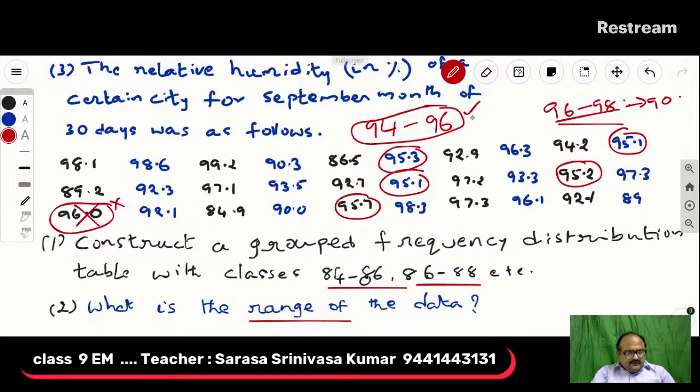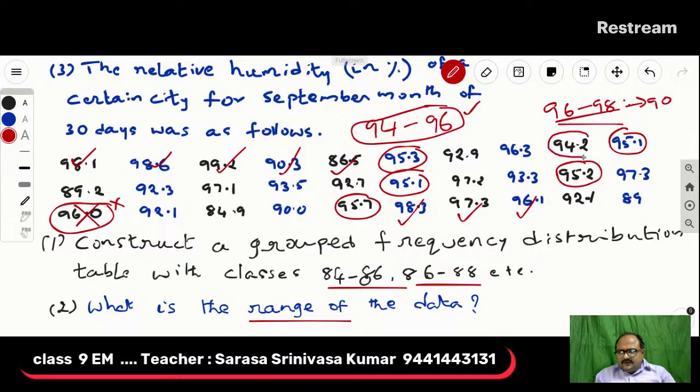Let us verify this again. 94 to 96. This is verified. Verified. This is also verified.